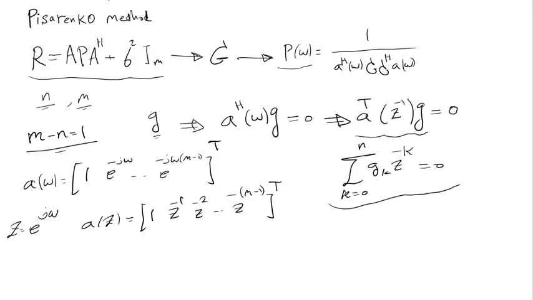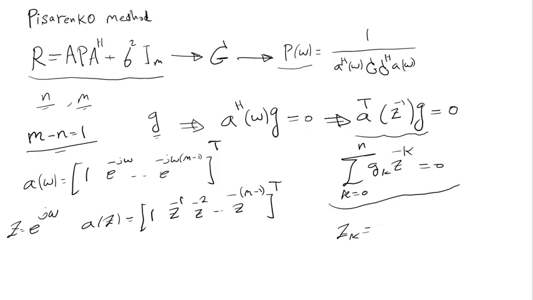And then I can find the roots of this polynomial. This polynomial has n roots, for example z_k, and by finding the angles of the roots of this polynomial, we can find the frequencies.